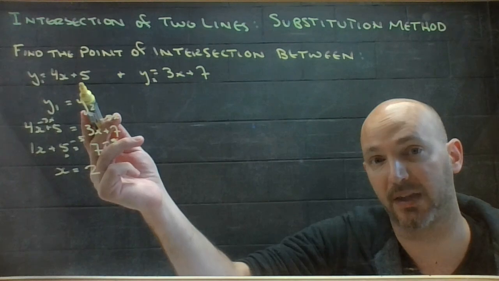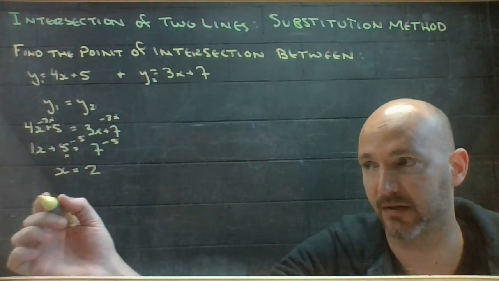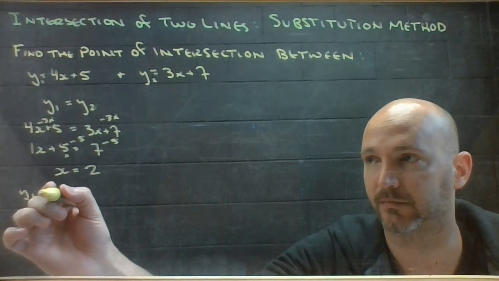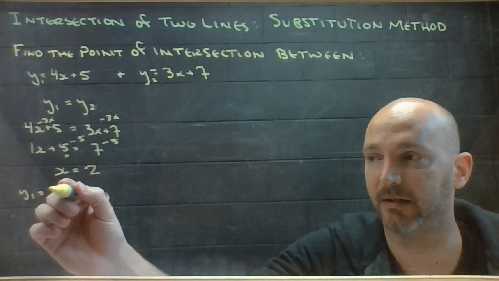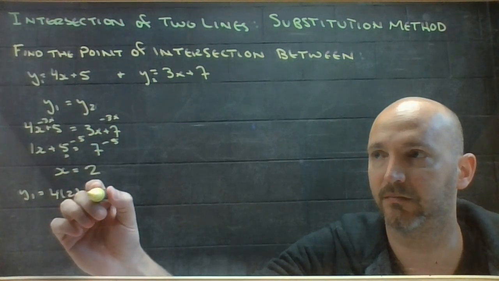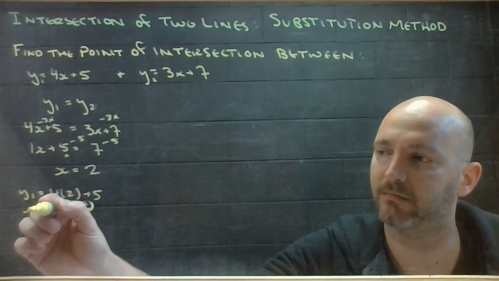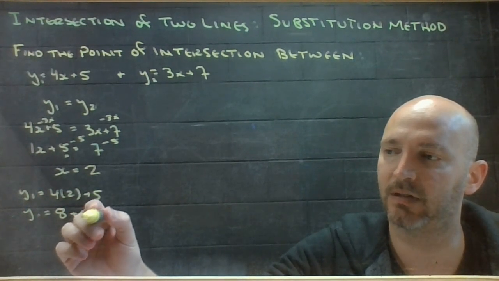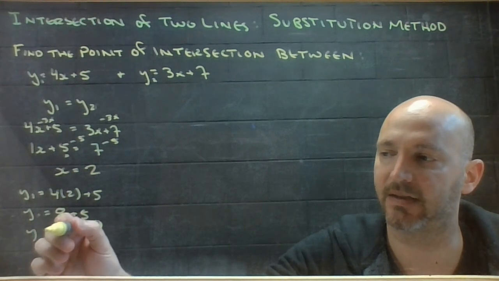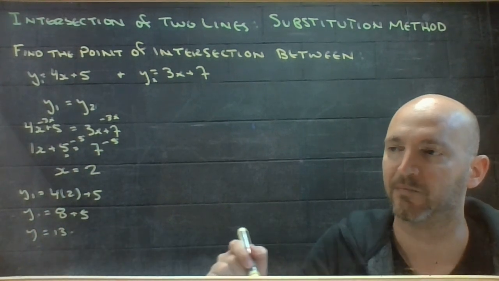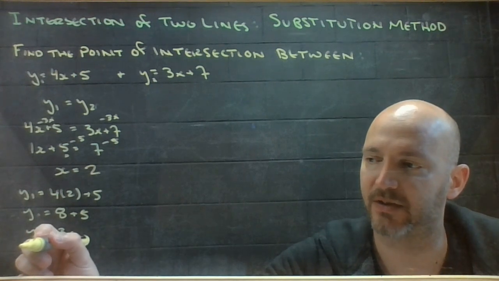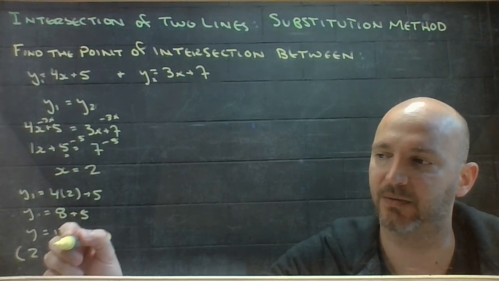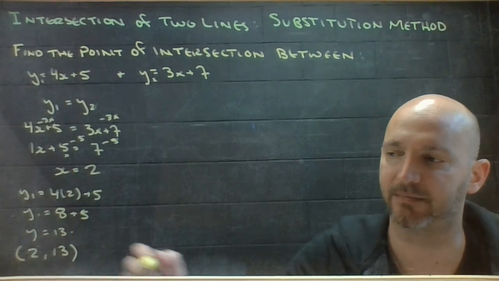So I'm just going to pick that one because it comes first. If I put 2 in there, four times 2 is 8, and 8 plus 5 is 13. So my point of intersection is when x is 2 and y is 13.